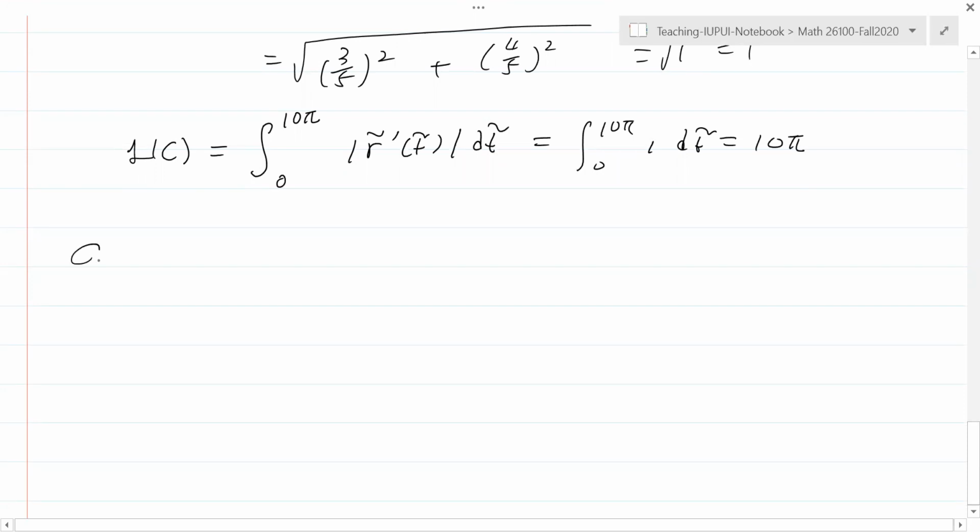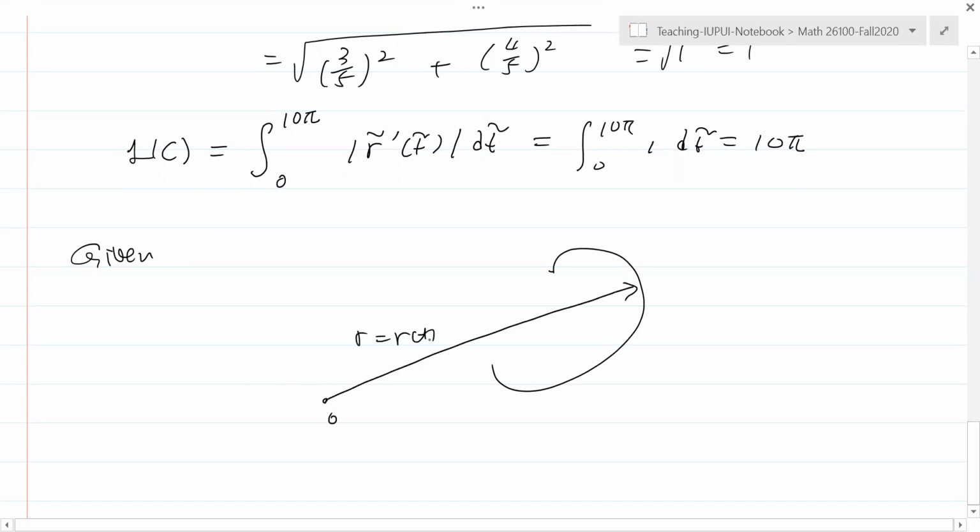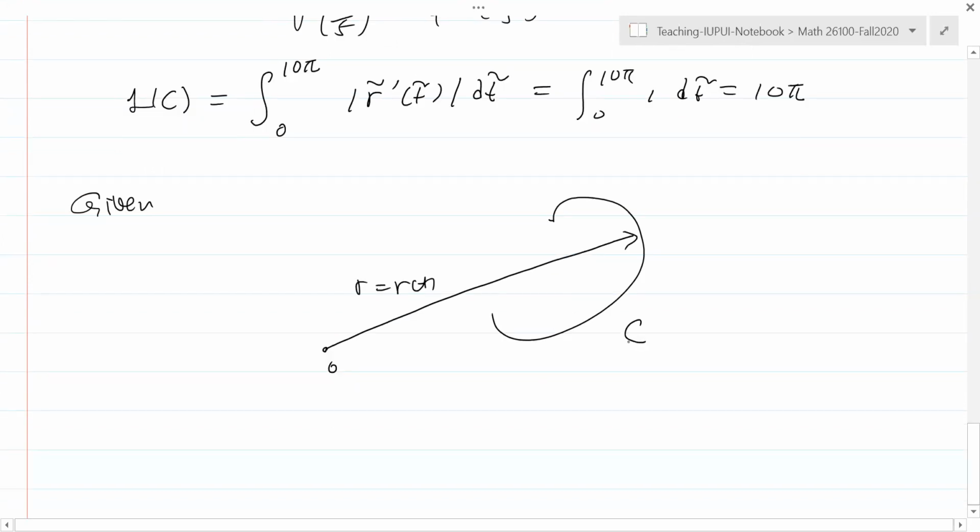Given a curve here, first of all you have this origin, and an arbitrary parametrization for the curve C. So this is the equation, where t equals a is here and t equals b is there.